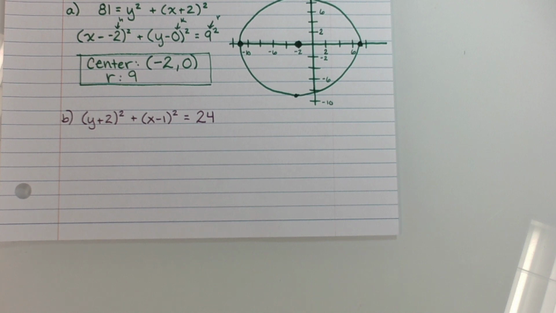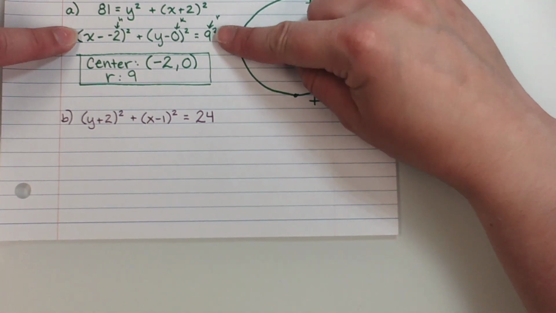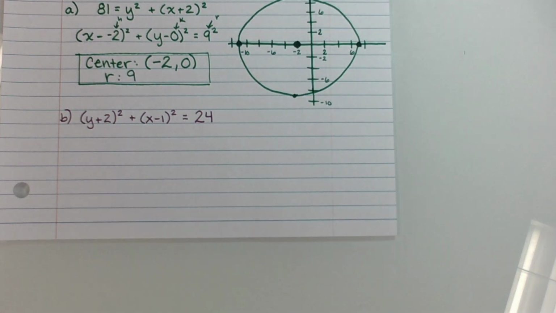Now the first problem, I did like this. I did this rewrite into a true standard form. If you want to do that, you can, but you don't have to. So I'm not going to on this one.